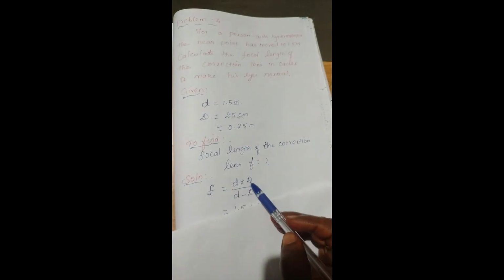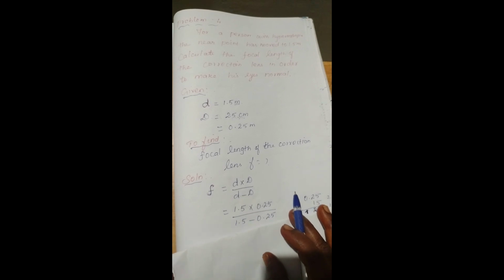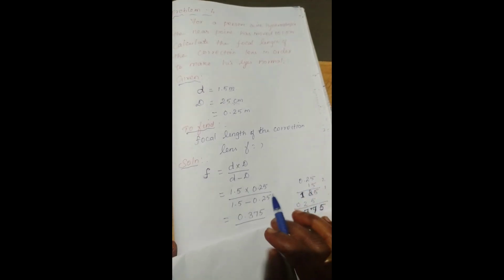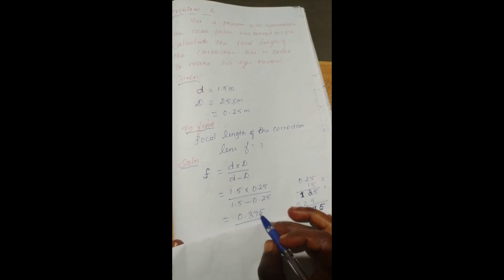So you can substitute here. 1.5 into 0.25, capital D value in meter is 0.25 meter, multiplied, divided by 1.5 minus 0.25. If you are multiplying 1.5 into 0.25, what's the answer? 0.375.